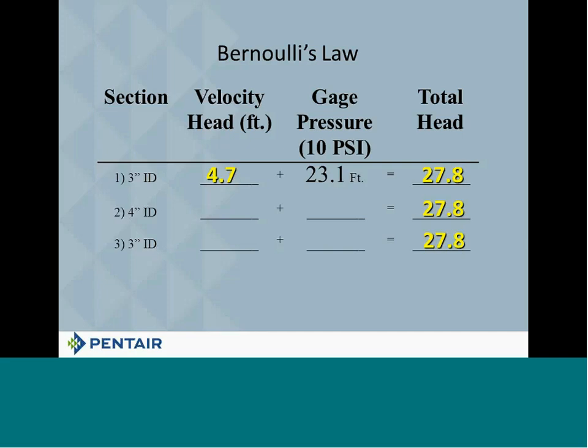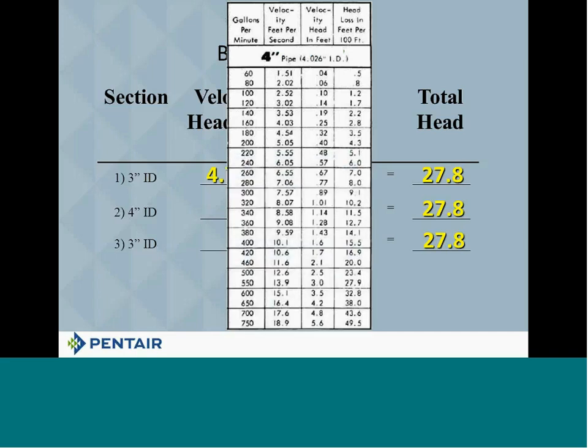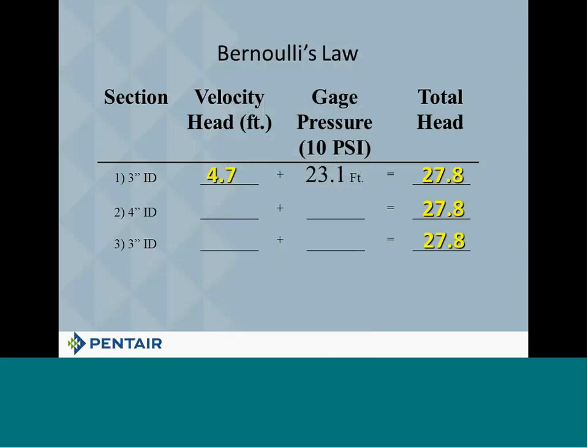Now if we move this into a 4-inch pipe, so we're going to take this and put it into a 4-inch pipe now. So we look at 4-inch pipe, 400 gallons a minute, the velocity head is 1.6, all right? So if my velocity head is 1.6 and my total head is 27.8, what is my pressure gauge reading in feet?